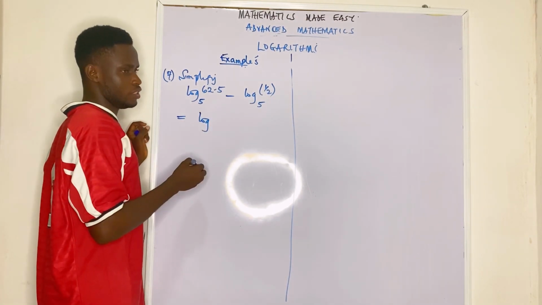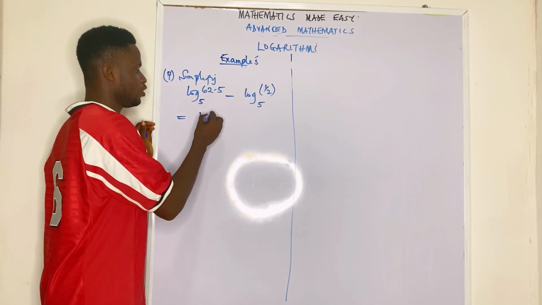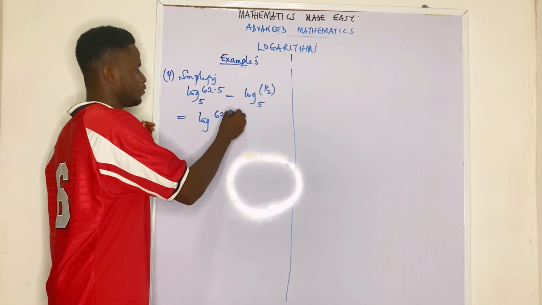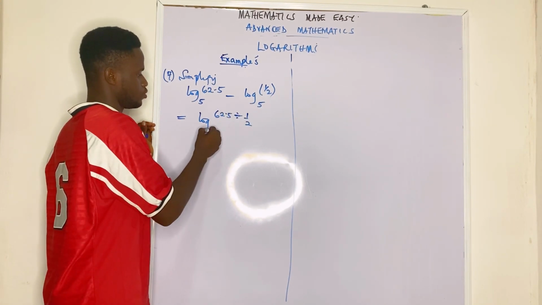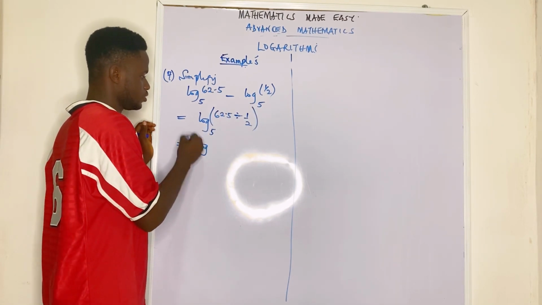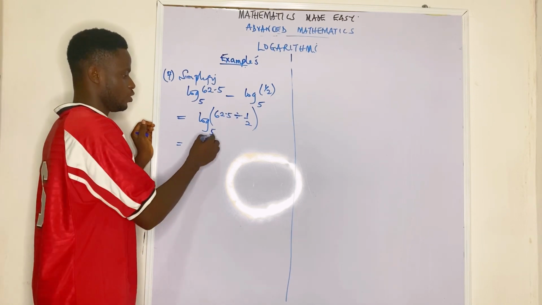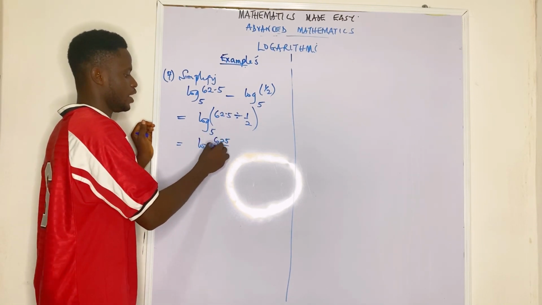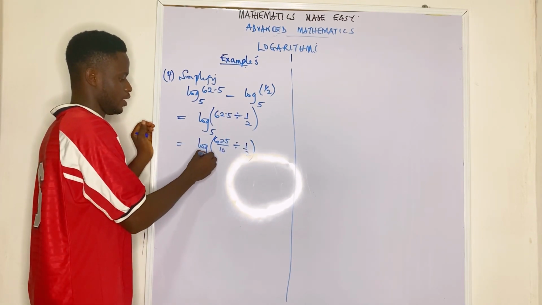And what does the division law say? When you see subtraction, you divide. So we're having log 62.5 divided by 1 over 2 base 5. And 62.5, you can express it in form of a fraction, which should be 625 divided by 10, divided by 1 over 2, base 5.